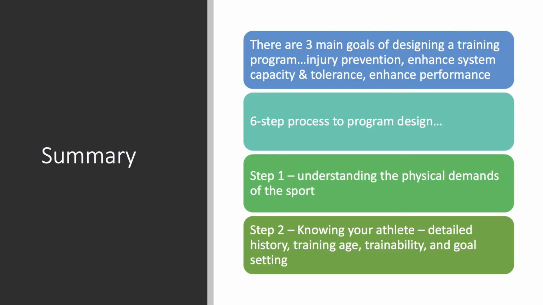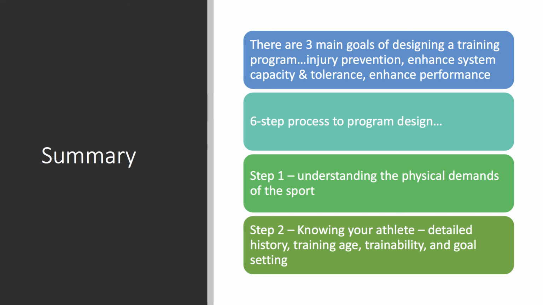In summary, first off, we talked about the 3 main goals of designing a training program. 1, to prevent injuries, making a robust athlete. 2, to enhance system capacity and tolerance to the demands of the sport or activity, and to enhance their performance. Then we went into an overview of the 6-step process that you do prior to designing a training program, and we discussed the first two steps.